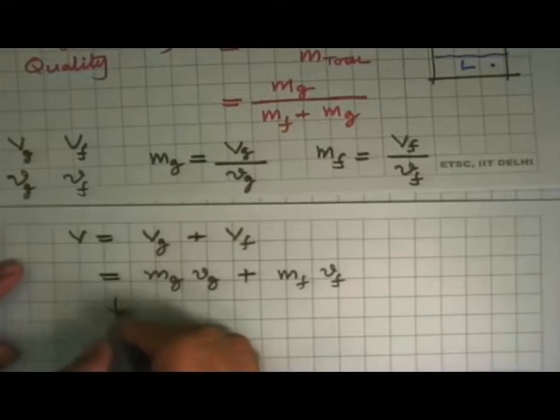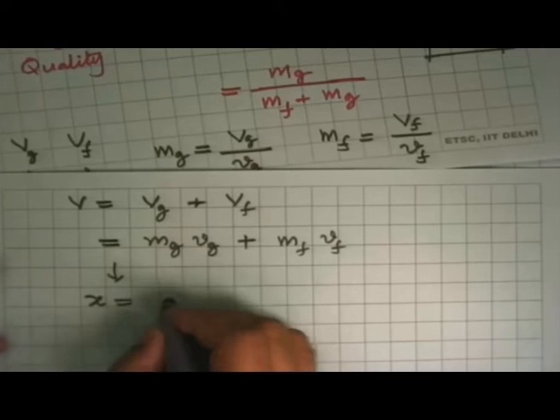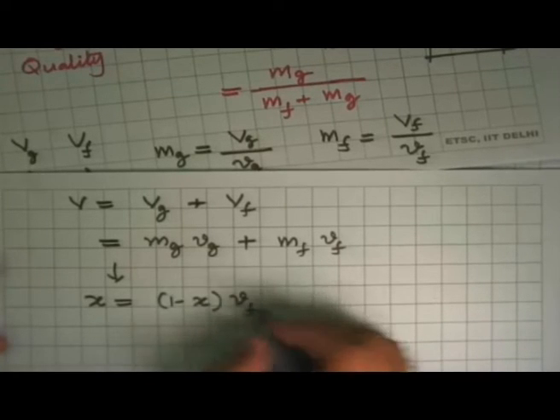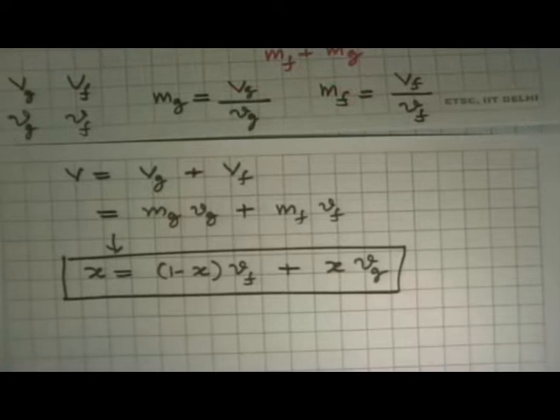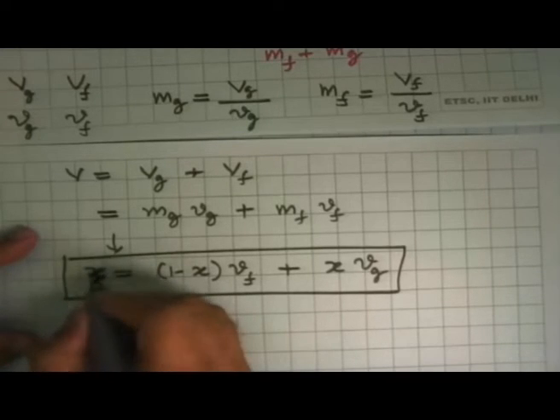By the definition of X, which is mg upon mf plus mg, we can put this in, do a little simplification, and what we get is that v is equal to (1 minus X) times vf plus X times vg.